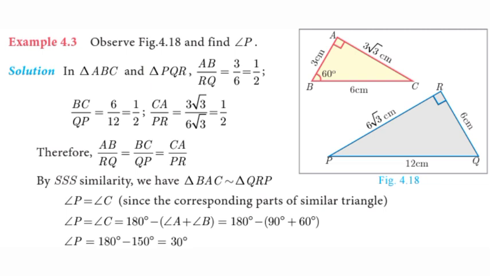First we find the side similarity, and then the sum of interior angles of the triangle is 180 degrees. That is, angle B is given, angle A is 90 degrees. Then find angle C. Therefore C equals 180 minus angle A minus angle B, that equals angle P equals 30 degrees. Okay, can you understand?